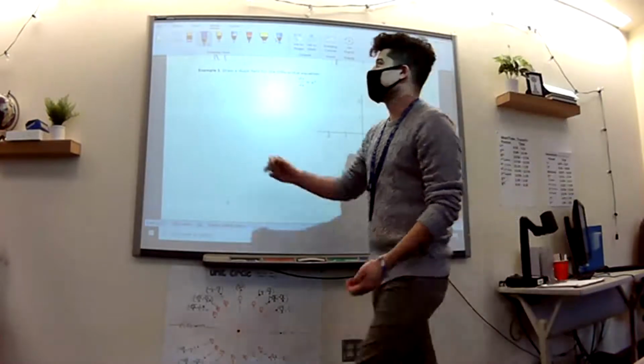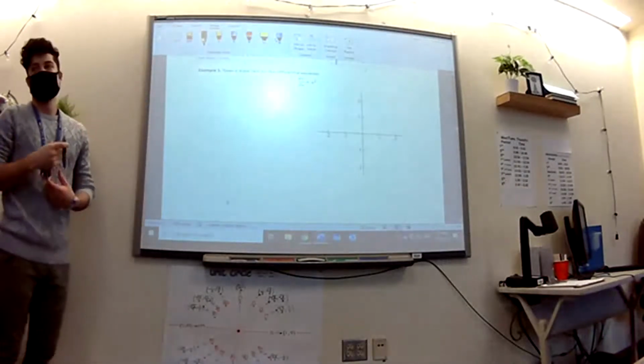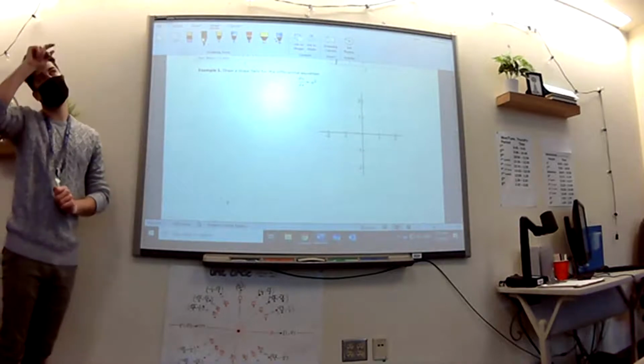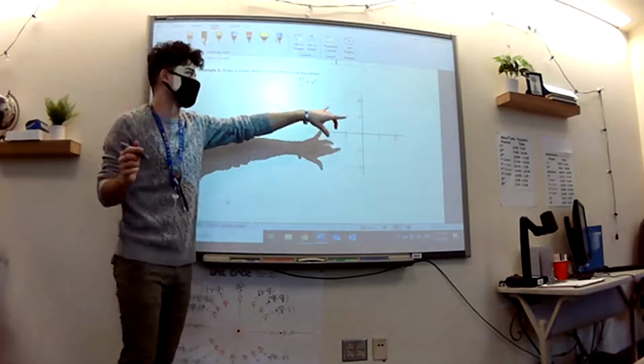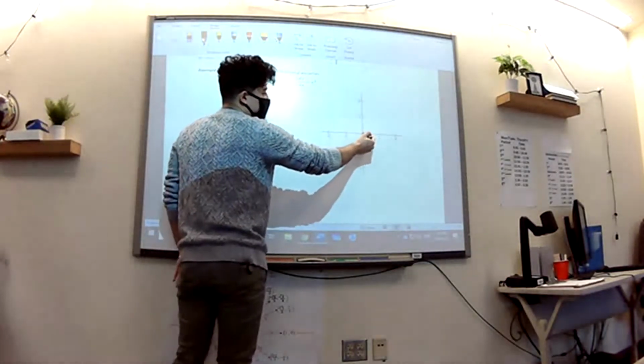Okay, here's the first thing where we have to do something. It says draw the slope field for this. The way slope fields work is like this. You just pick a bunch of points, plug in the correct numbers, and then you'll get what the slope is. So for example, just choose a point. I think the most natural one would be the origin.